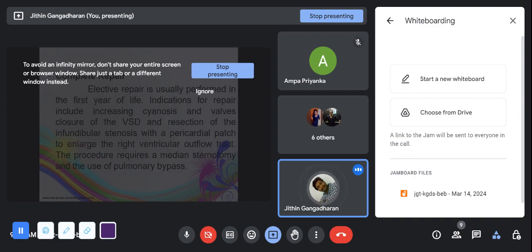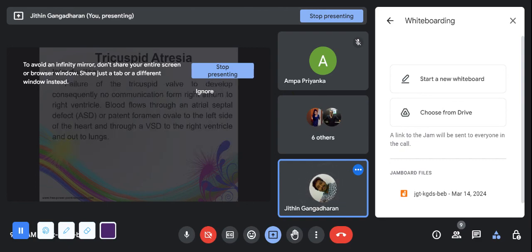And complete repair, we'll completely repair that. If there is a VSD, we'll close that, or if there is stenosis, we'll relieve that. So we will understand what problems are directly associated and completely repair the entire thing.